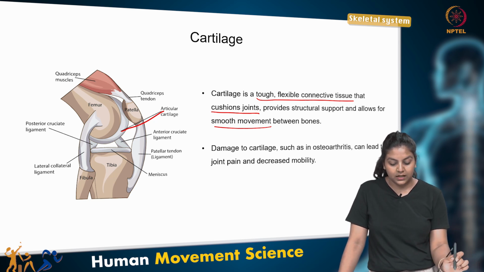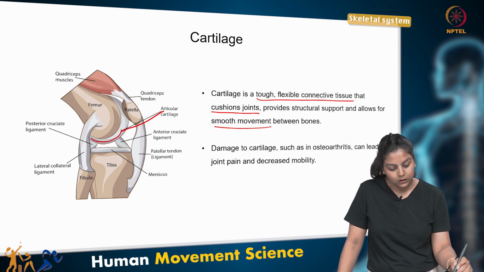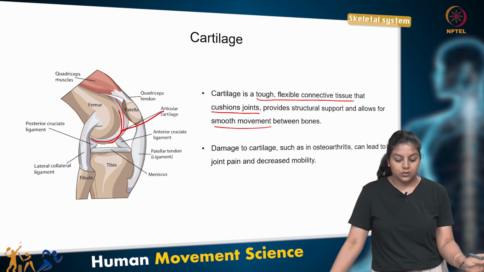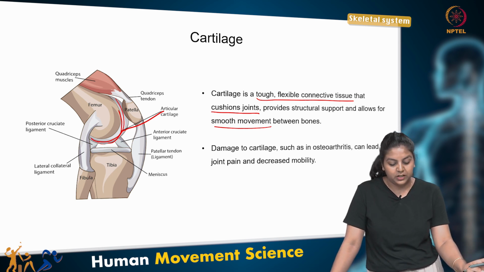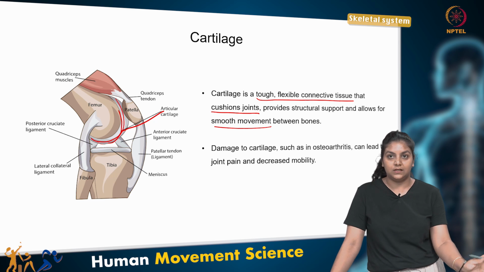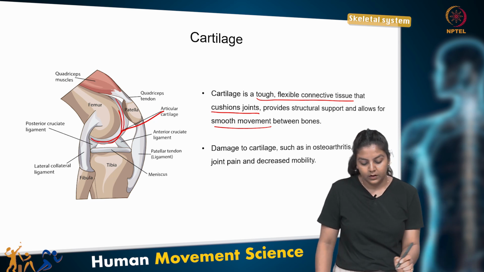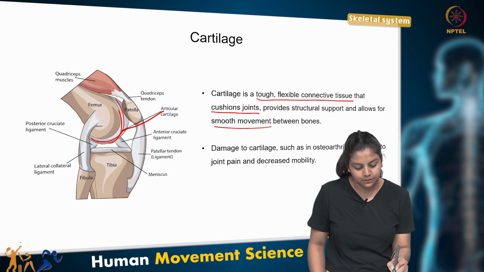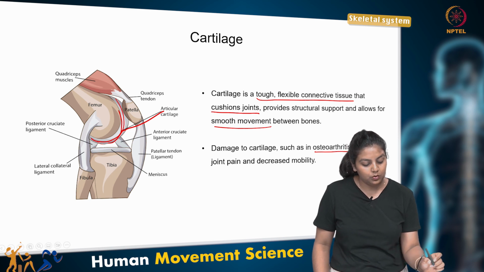It's very important that it cushions the joints and also allows for movement. Damage to the cartilage, such as in osteoarthritis, which is a clinical condition, can lead to joint pain and decreased mobility.